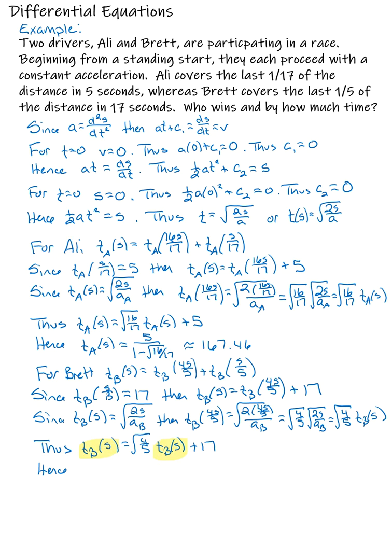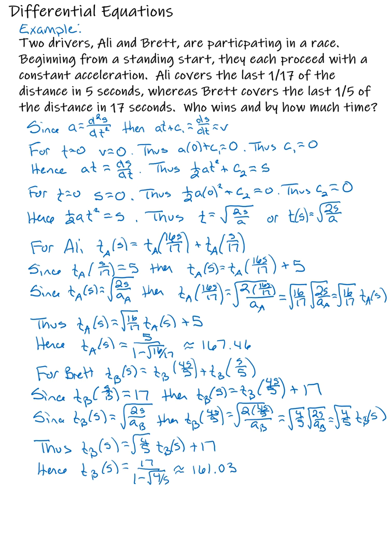Solve for that unknown. Use a wee bit of algebra in here. And we get t sub b of s is equal to, let's see, what would that be? 17 divided by 1 minus the square root of 4/5, which gives us an approximation of 161.3. And that is Brett's total time.